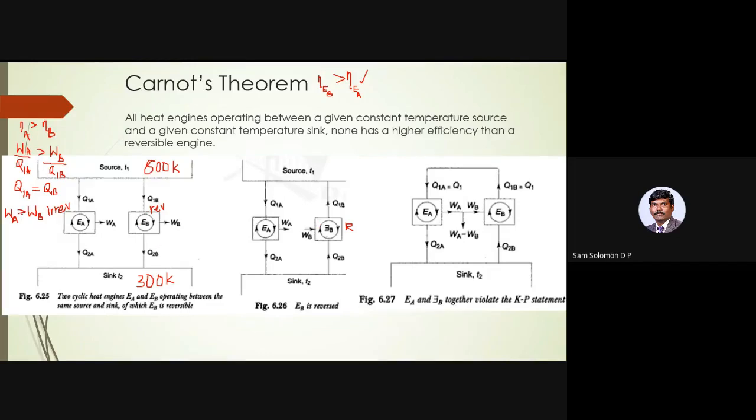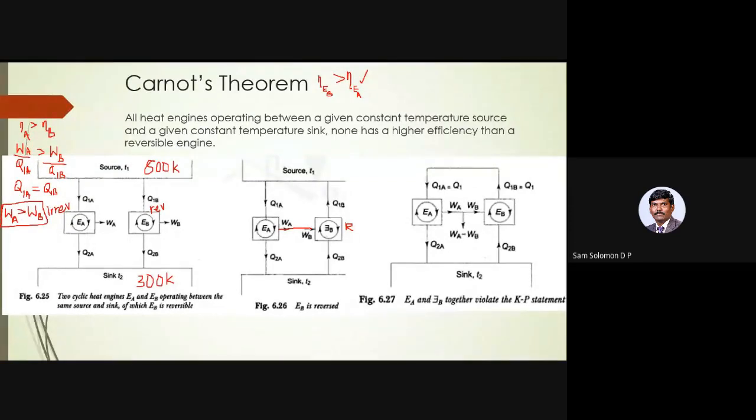And my previous conclusion tells me that WA is greater than WB. Because this WA is greater than WB, I think that I can utilize this WA to run this refrigerator, which is the reversed engine EB.